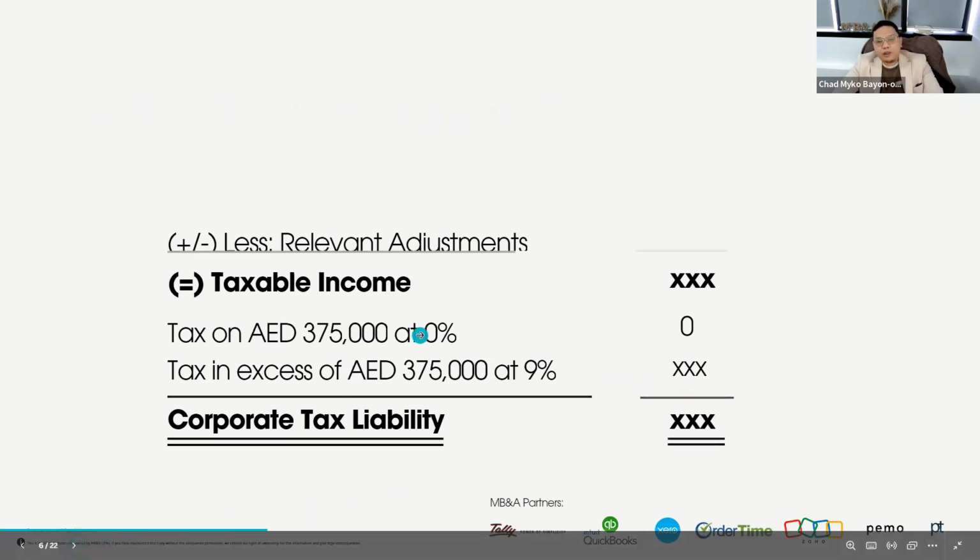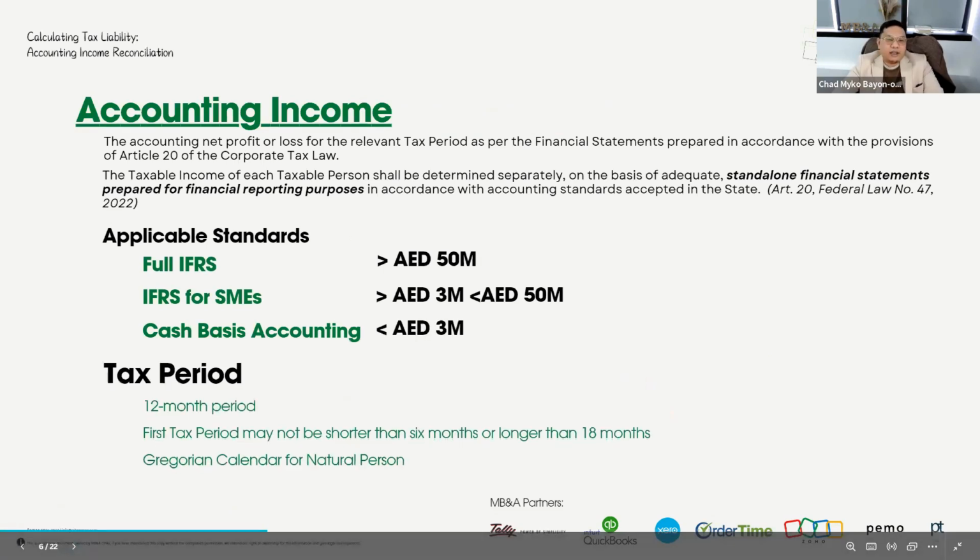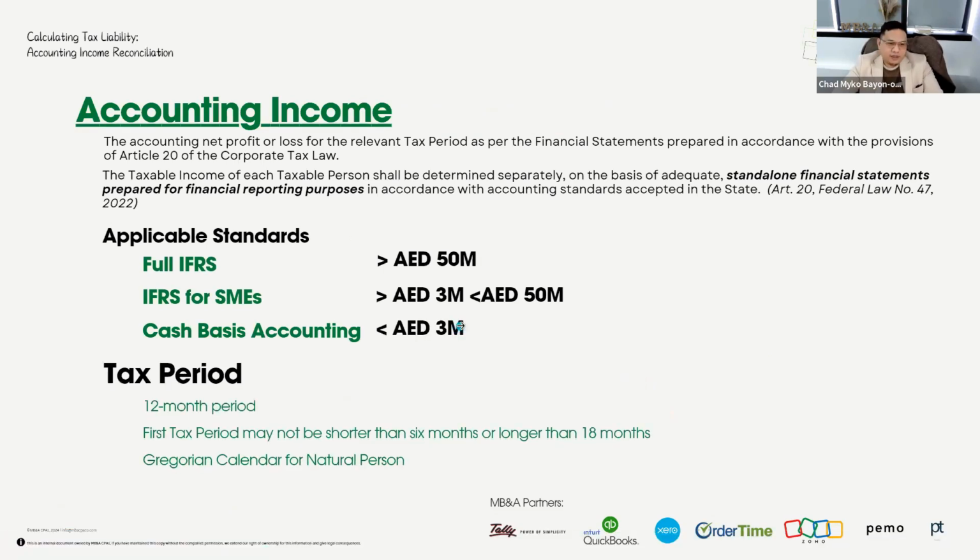Okay, so question, what is accounting income? So again, accounting income is actually your income in your books of accounts. So for those companies who don't have books of accounts, you have to start having your books of accounts.